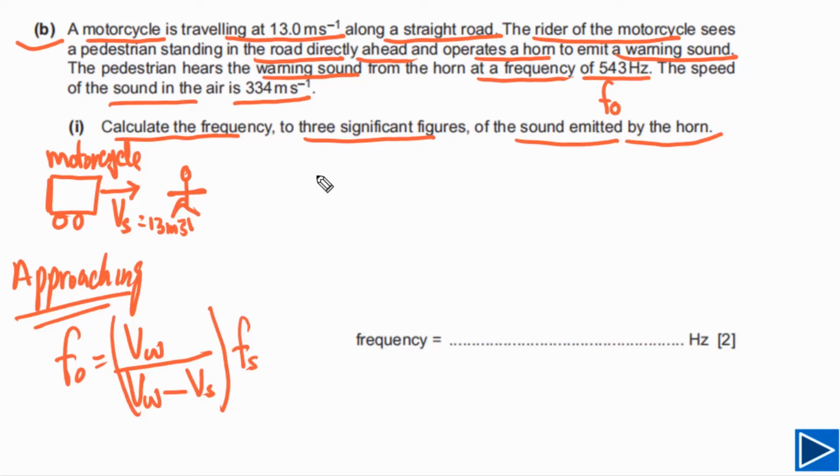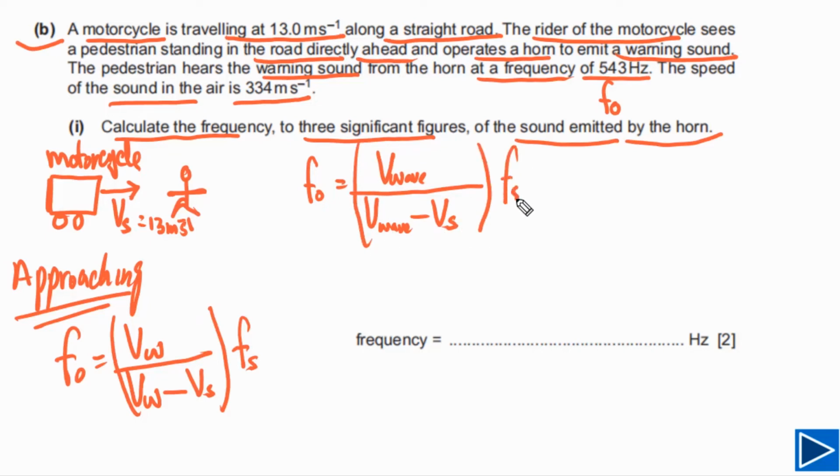So simply we can plug in values now. Observed frequency is equal to speed of the wave in that medium divided by speed of the wave minus speed of the source, multiplied by frequency of the source. Observed frequency in this case is given, that is 543 Hz.